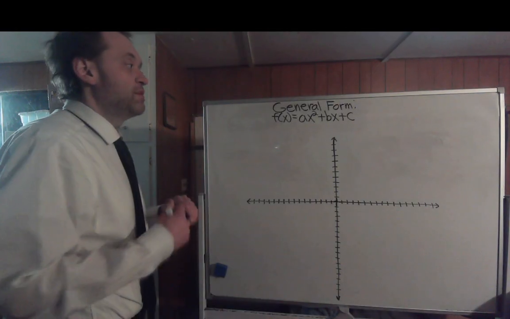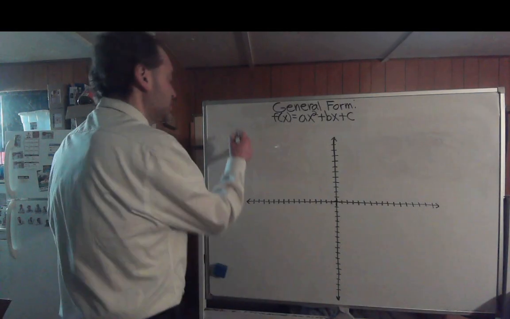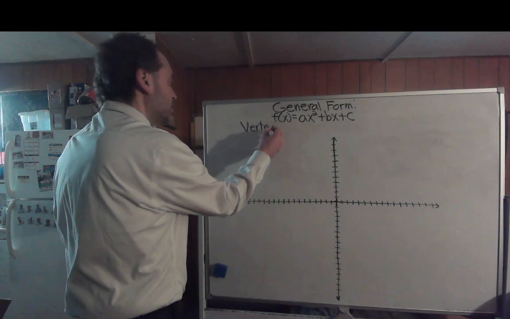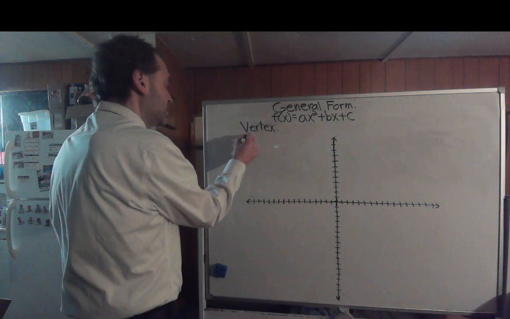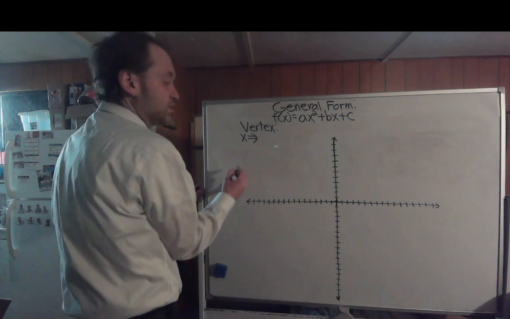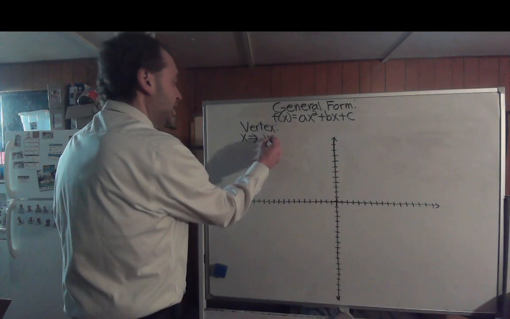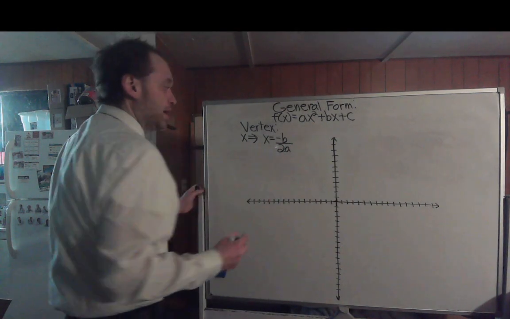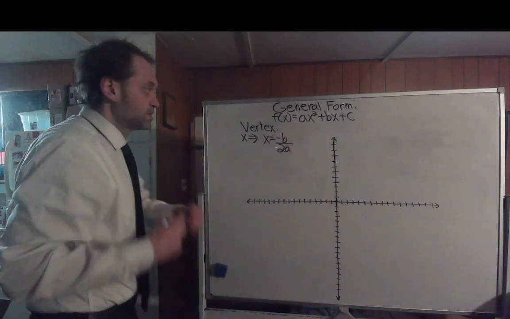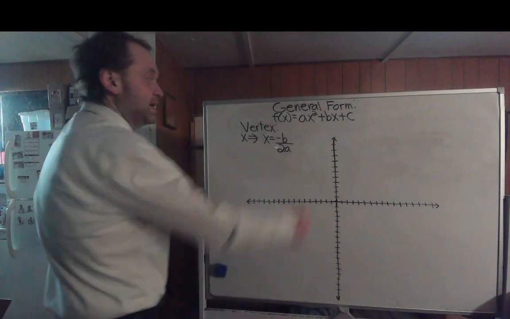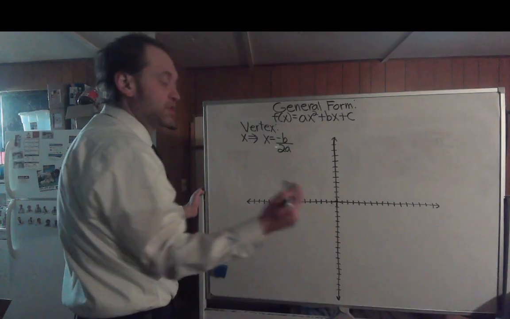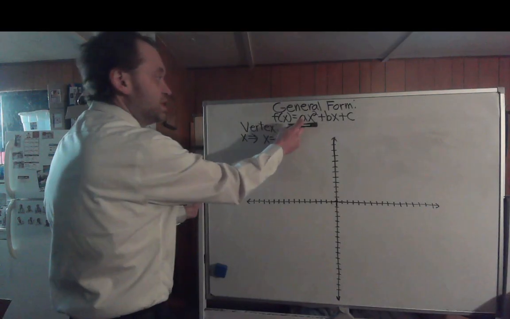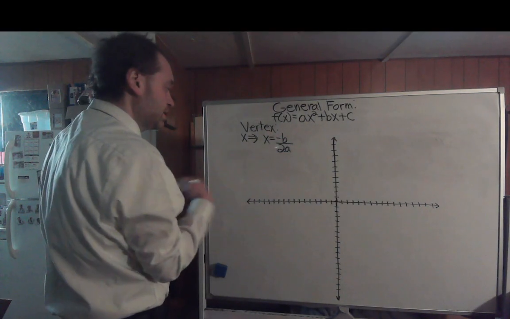How would you go about finding your vertex in this? Your x-coordinate is going to be at x equals negative b over 2a. So to find the vertex, if it's in general form, you take the negative of your b coefficient, the coefficient on the x to the first term, and divide that by 2 times your a coefficient on the x squared term.